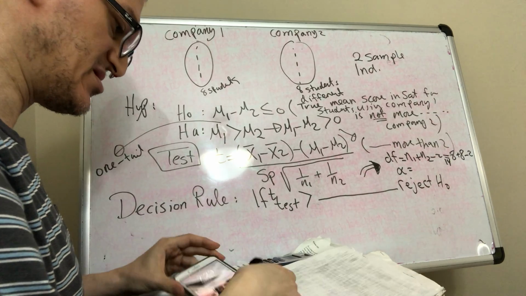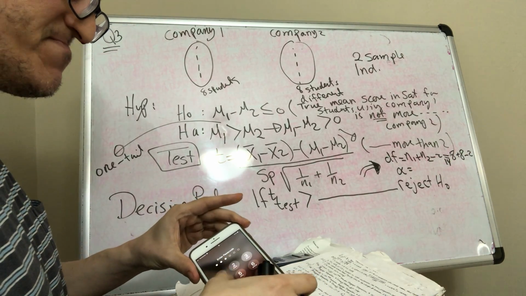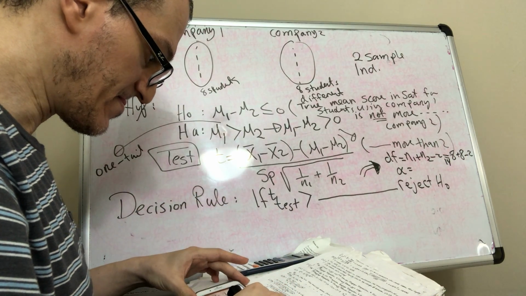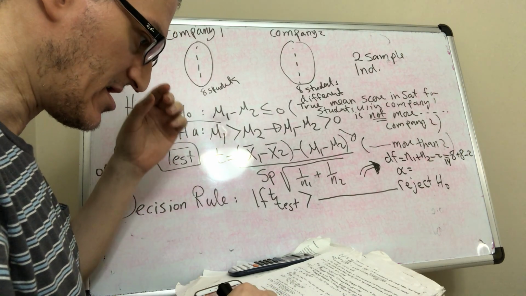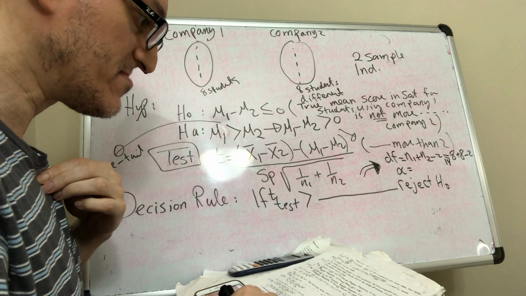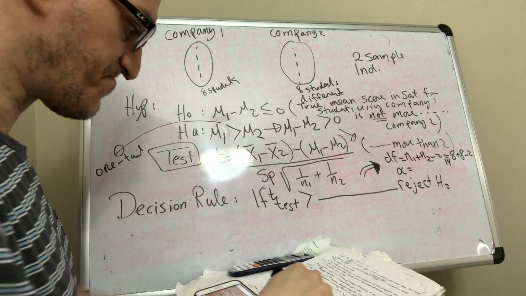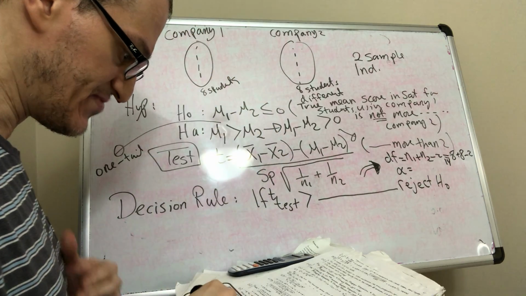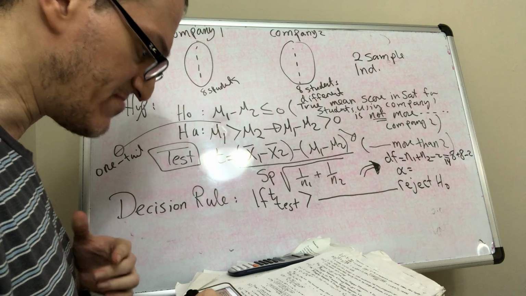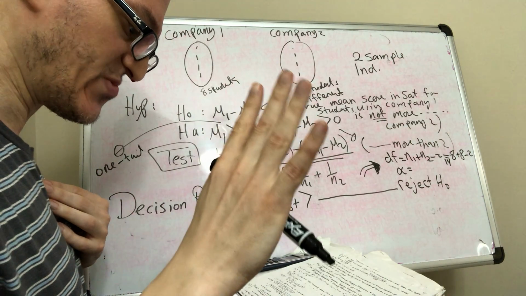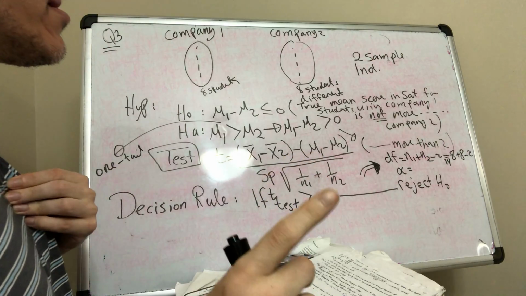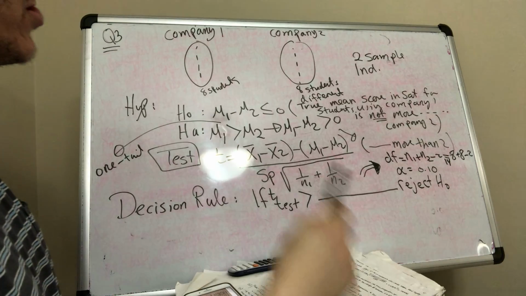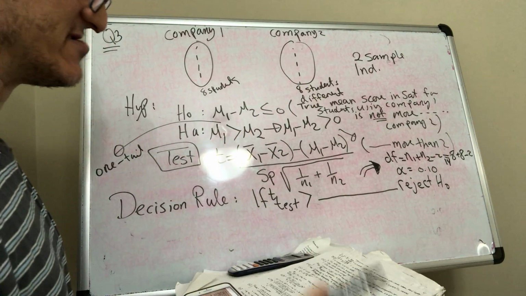Let me look at the question and see if they give us a certain alpha to work with. I don't know if alpha was given. Even if it's not given, you use 5%. Yeah, but they give it to you in the actual question, line 4, using 10%. So alpha is 10%. You don't divide it by 2. You leave it as it is, since it's one tail.